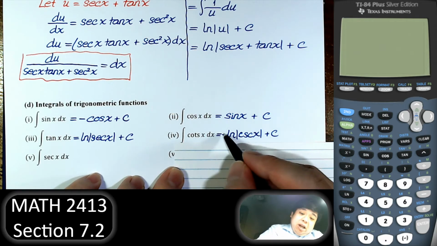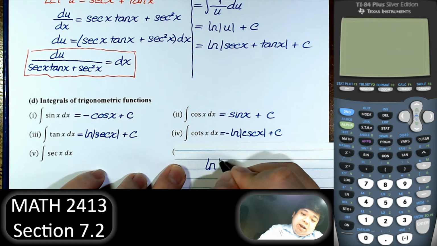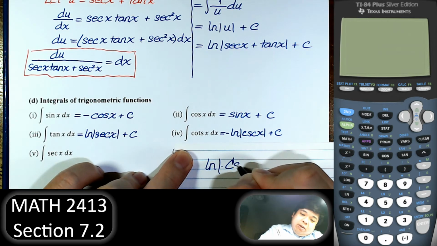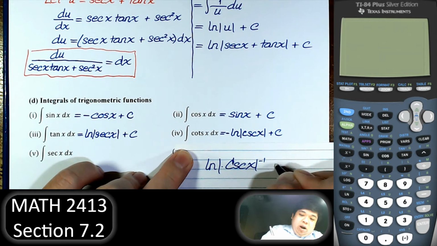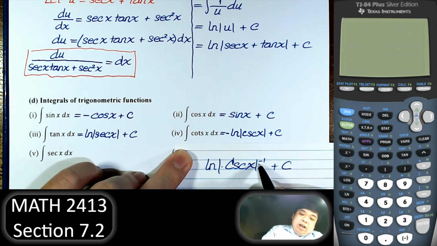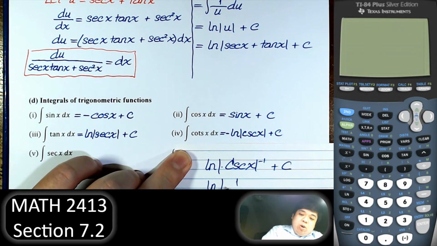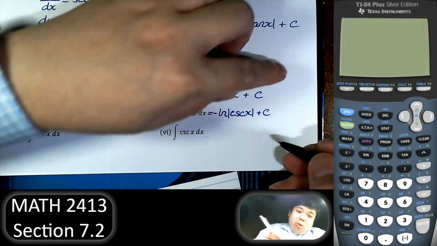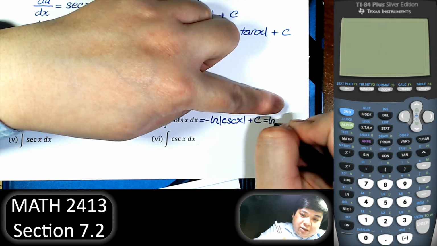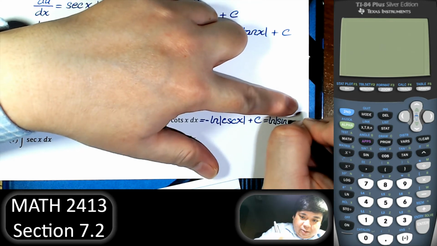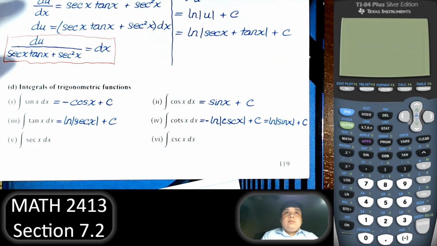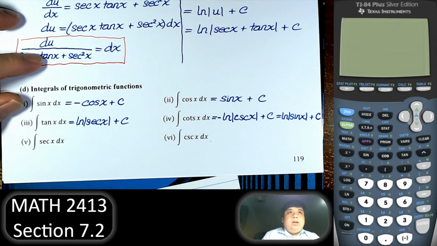But the negative here, take inside, so we have ln of cosecant x to negative 1 plus c, and negative 1 is the reciprocal power, 1 over cosecant, and 1 over cosecant is sine, so this is equivalent to just ln of sine x plus c. Right?